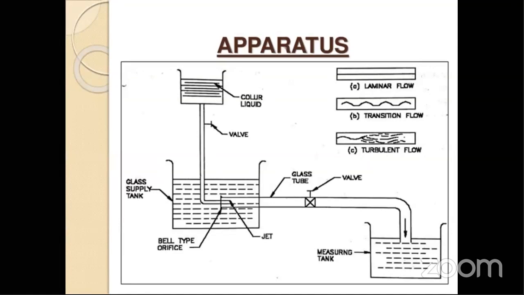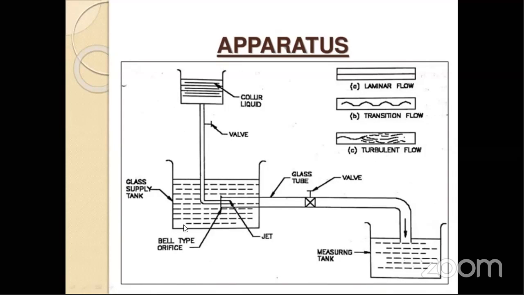If you look carefully, first it consists of a vessel. This vessel contains a colored liquid, any color, blue, green or red, whatever you keep in this vessel. This colored liquid vessel is directly connected with another pipeline. You see here, it is a pipeline.